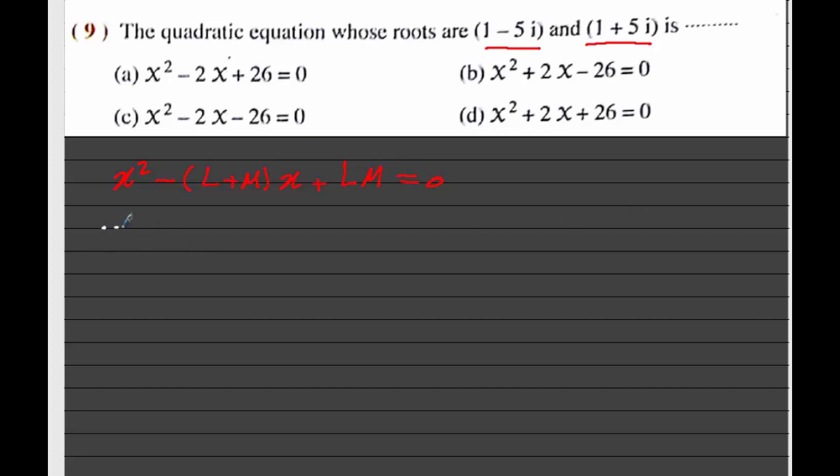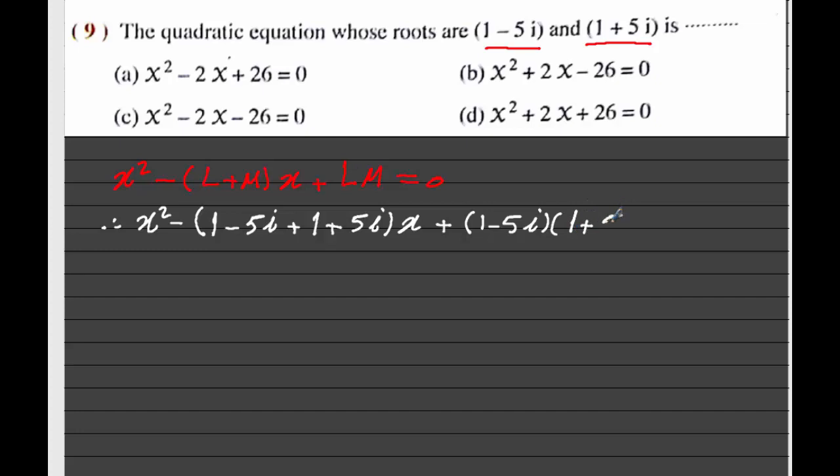So x square minus (L, 1 minus 5i, plus M, 1 plus 5i), all multiply x plus LM, it is the product of the two roots, 1 minus 5i multiply 1 plus 5i, all equals 0.